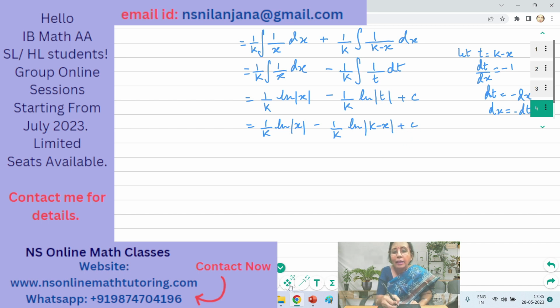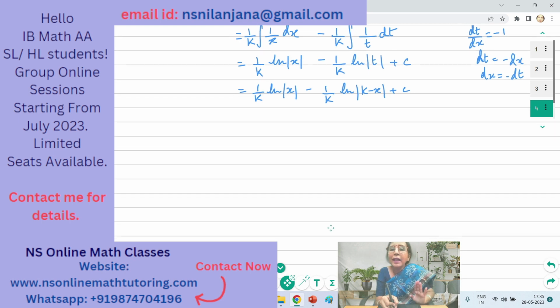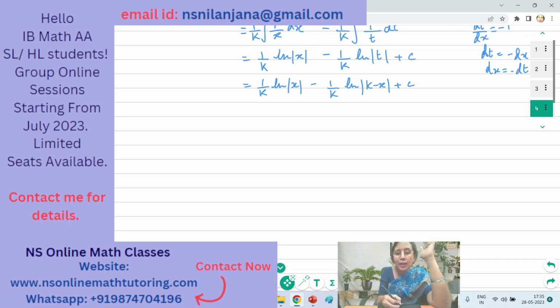Okay, and if you keep it like this, it is absolutely fine. If you give the expression for f of x in this form, it is absolutely fine. And if you feel that you will be doing some more simplification and rather beautifying it, then you can do it.